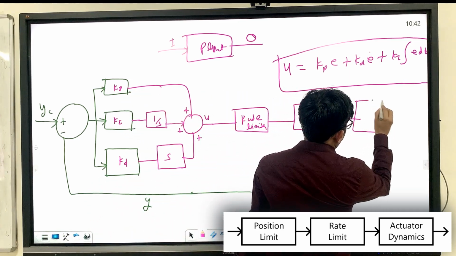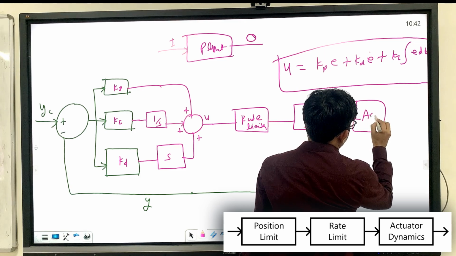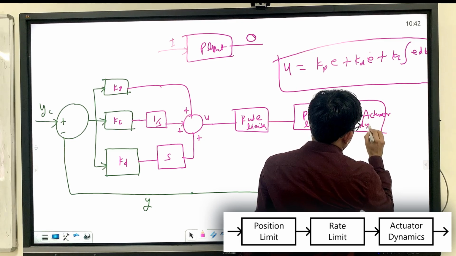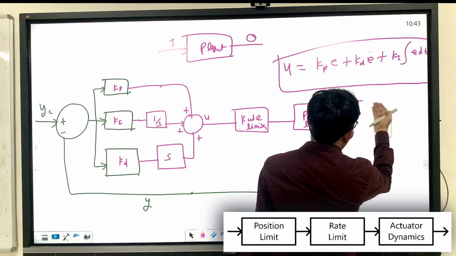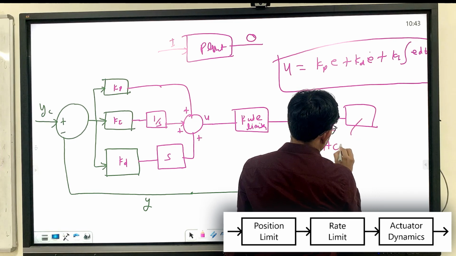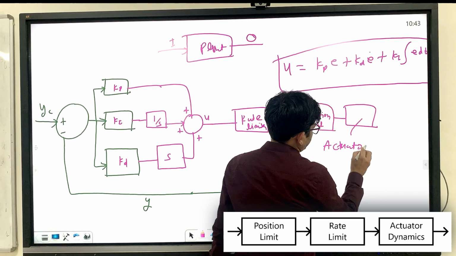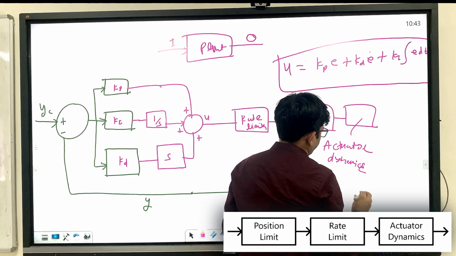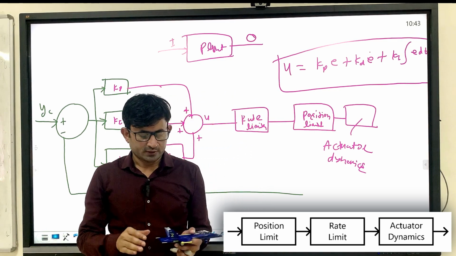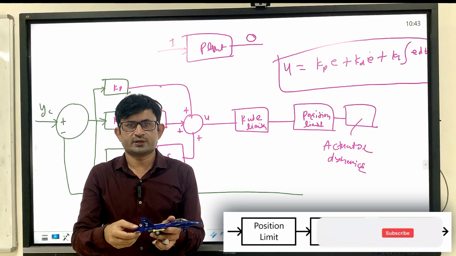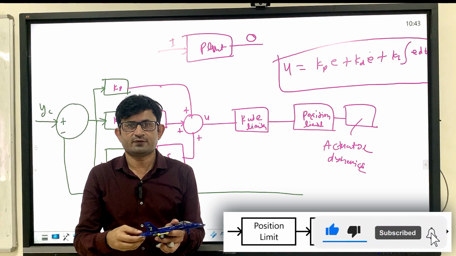And now you will put actuator dynamics. This block is actuator dynamics, because we know that this aircraft is a plant, but this actuator also has some kind of dynamics, right?